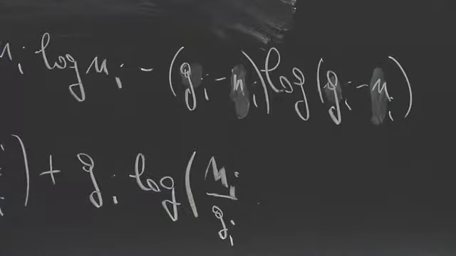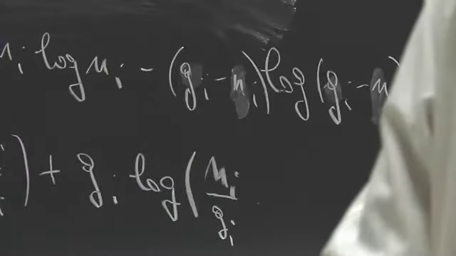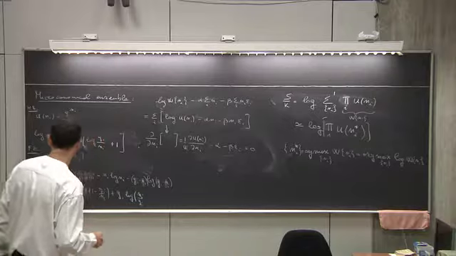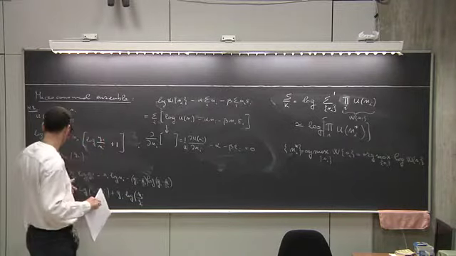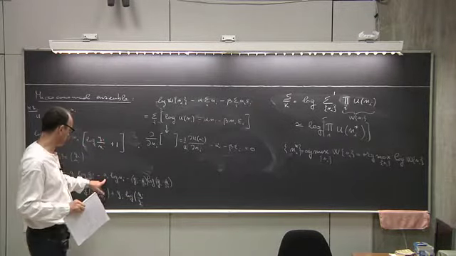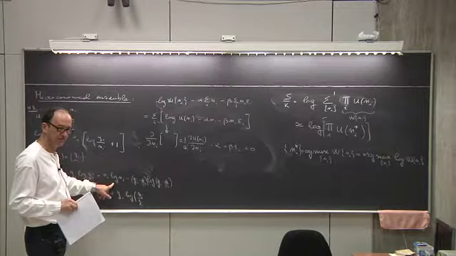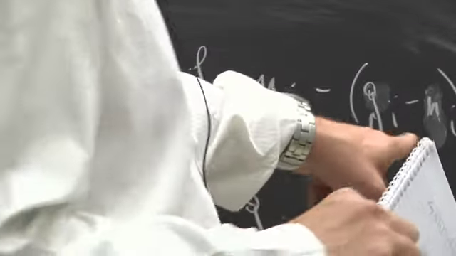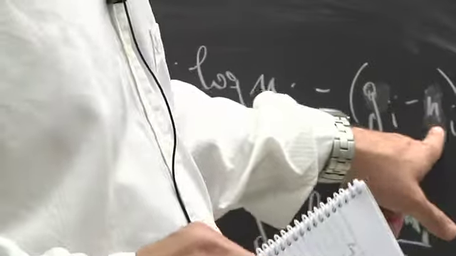That's why I was getting lost. Thanks. So this is Ni log Gi, Ni, right? Minus Gi, this is okay?